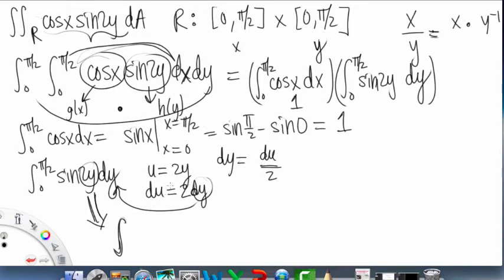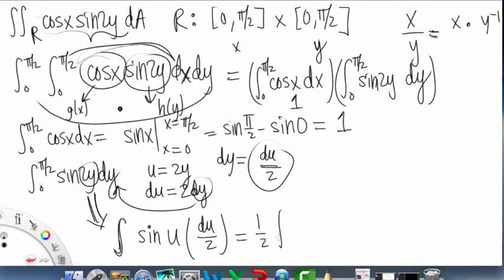So anyways, I just refrain from putting the bounds in. So we have sine of 2y is now u, and then dy is now du over 2. Okay, so as you can see here, aside from the factor of 1 over 2 that came in, we have everything in terms of u's, all right?